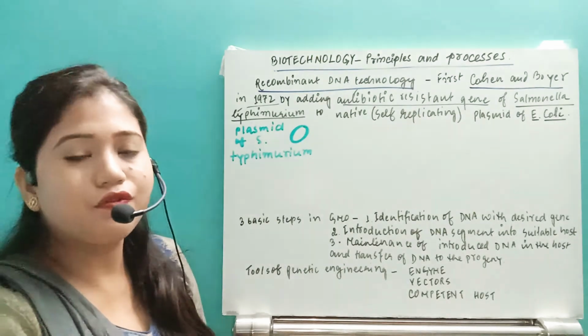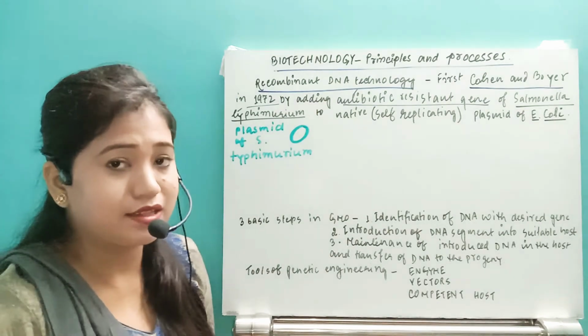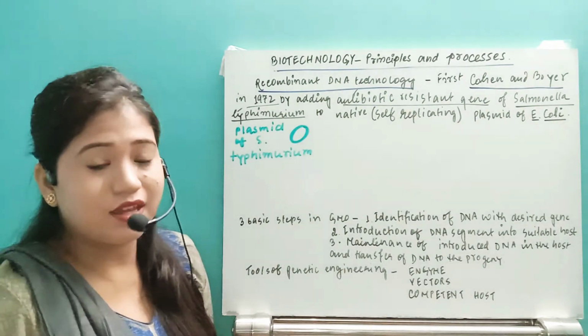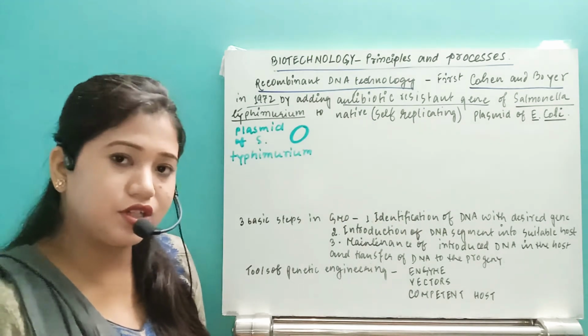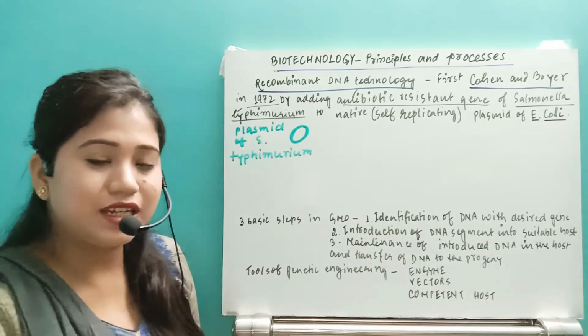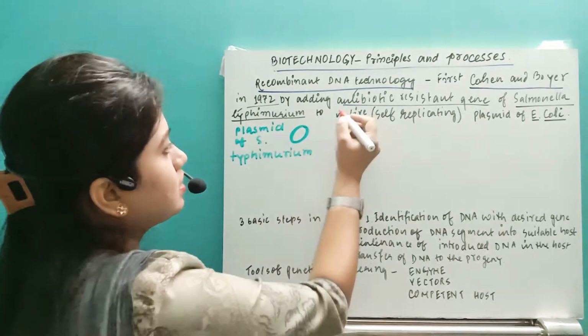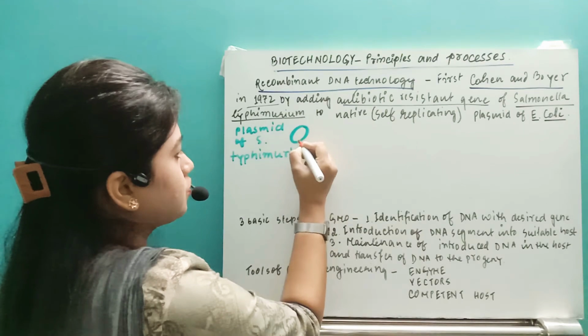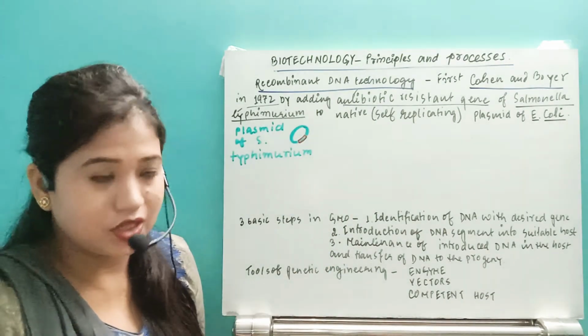We will first select a gene, that is the antibiotic resistant gene. So what is the antibiotic resistant gene? Now you will not understand. We will continue, and when we see the steps, you will understand. But for now, just remember, it is the antibiotic resistant gene. So suppose this is the antibiotic resistant gene.